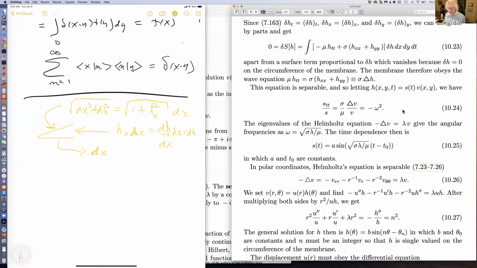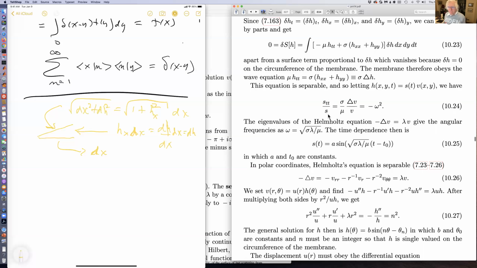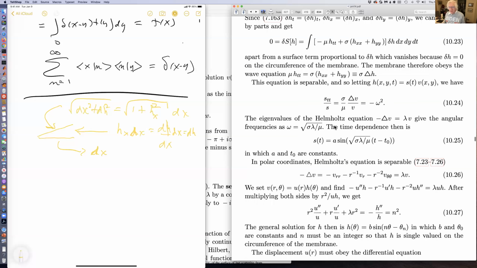We get this equation, then after we divide by S V, that tells us that S is a function of T, and this is just a function of X and Y. So we separate, this is that, and this is also that. Omega then is just some parameter that we introduce. These are, of course, the squared frequencies with a minus sign.